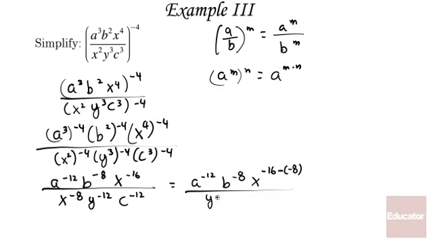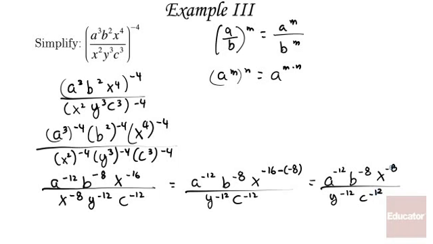And now in the bottom, I just have y to the negative 12, c to the negative 12. So this is going to give me a negative 12, b negative 8, negative 16, and this is minus negative 8, so it's really plus 8. Negative 16 plus 8 is going to leave me with negative 8. In the denominator, I have y negative 12, c negative 12.